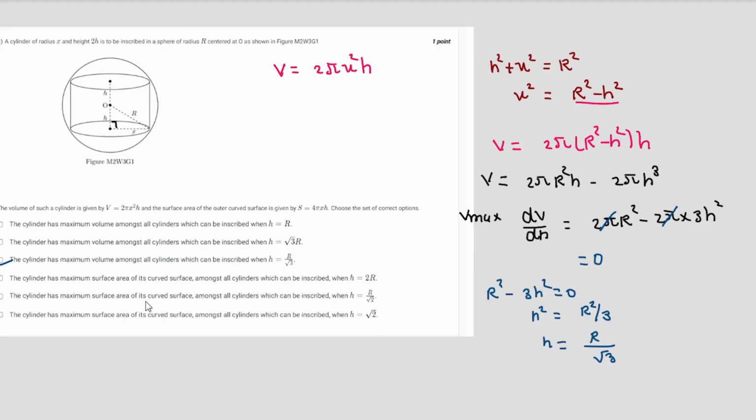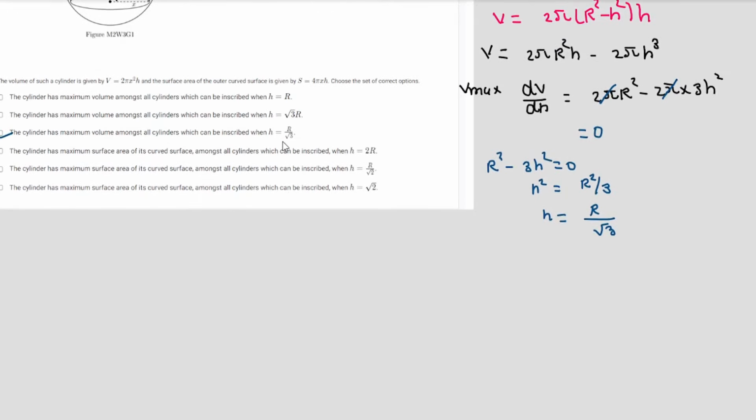Now we have to find the condition for its surface area. So now we will find the relation between h and r when the cylinder has maximum surface area.